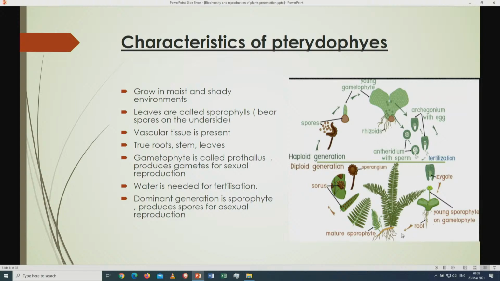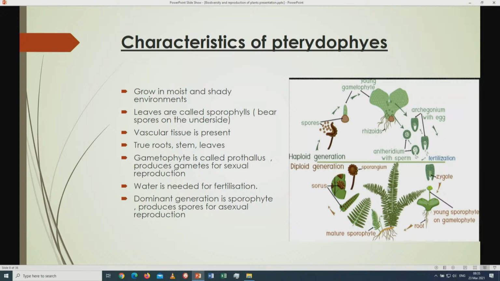Later on, the young sporophyte will be an old sporophyte generation, or a sporophyte plant, which is made up of the roots like the rhizoids, a stem which is called a rhizome, and the leaves.